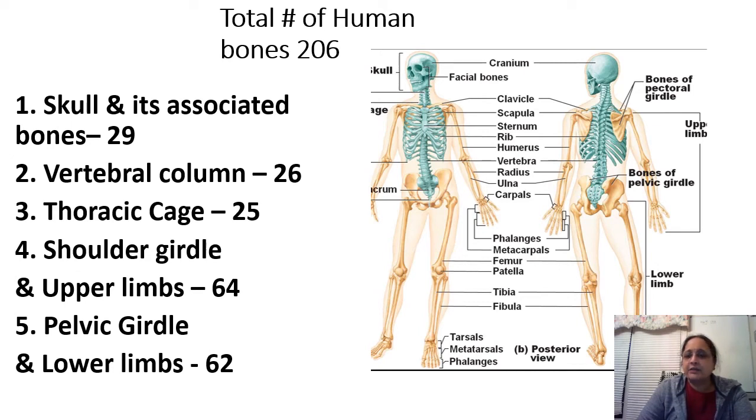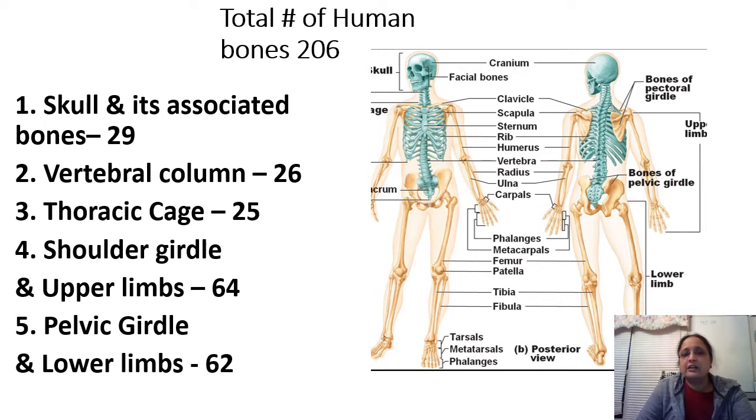The thoracic cage, the rib cage, 25. The shoulder girdle, together with the upper limbs, is 64. And your hip girdle, that is the pelvic girdle, together with the lower limbs comprises 62.